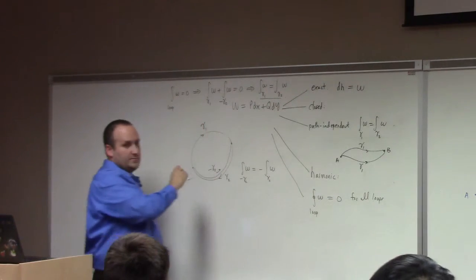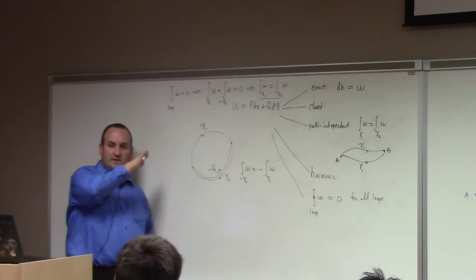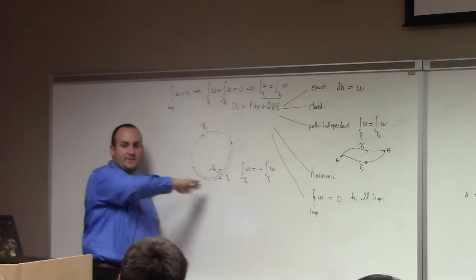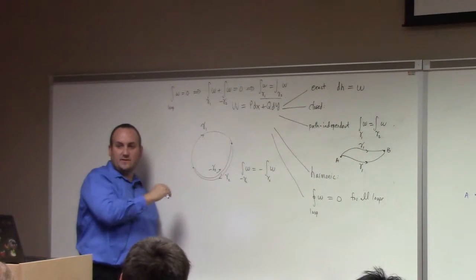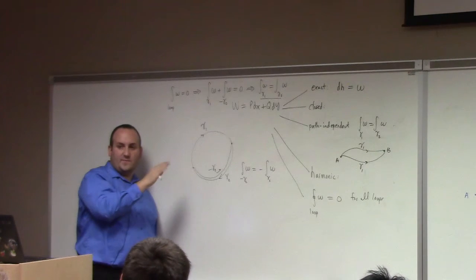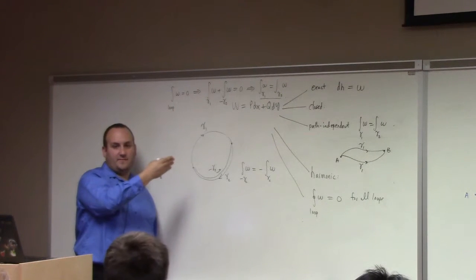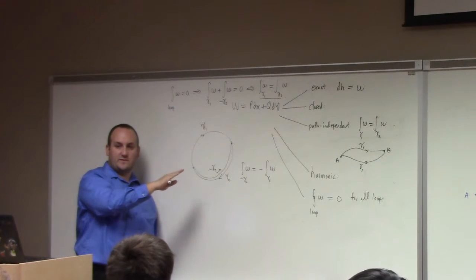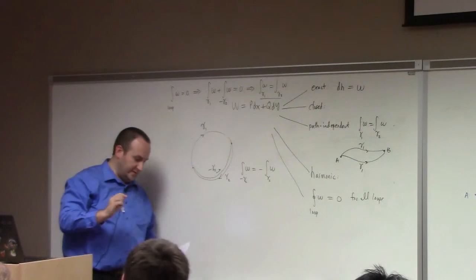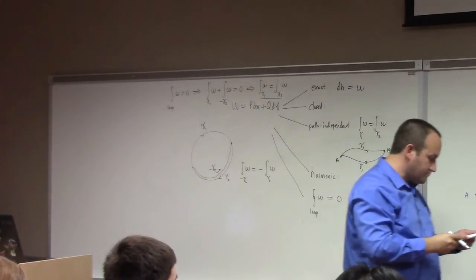In other words, if you have integral around loops equal to 0, you can imply path independence because you can take the loop and break it up into two paths and they have to add up, right? And vice versa. If you take two paths, you can reverse this. It's an if and only if, right? If I have path independence, I can get loops going to 0 as well. So that's another way we can look at this problem.